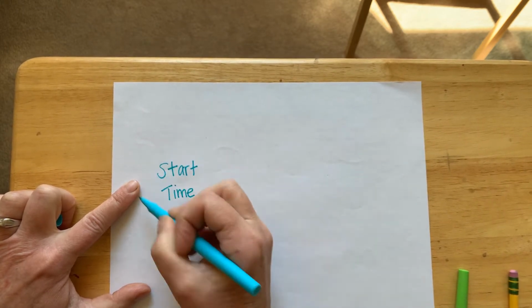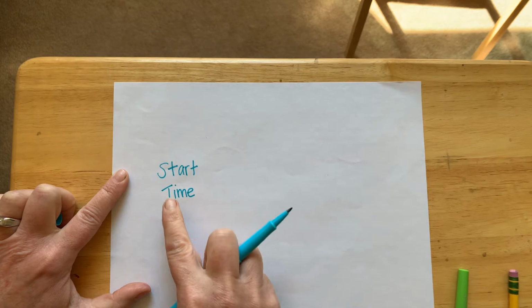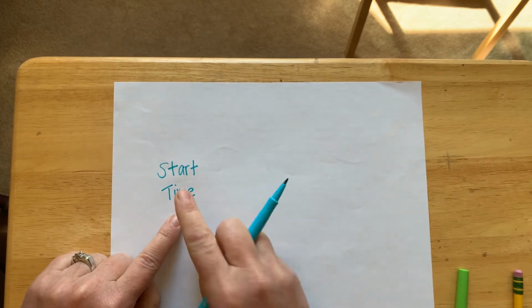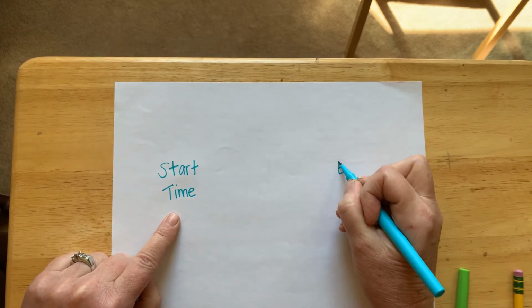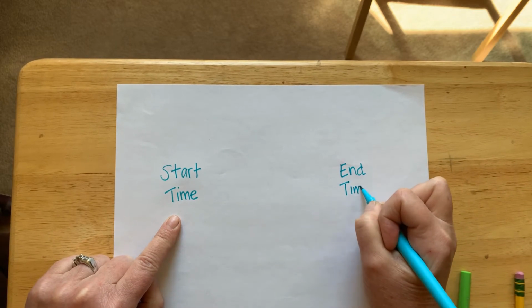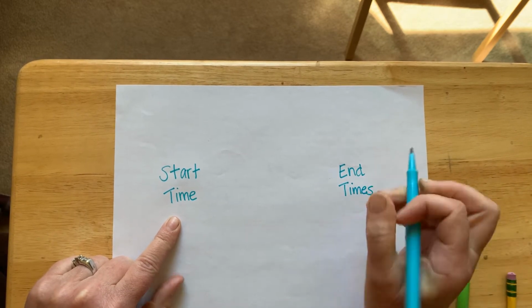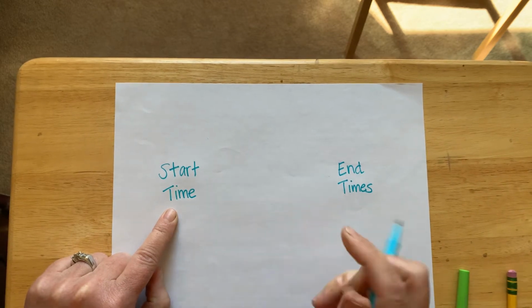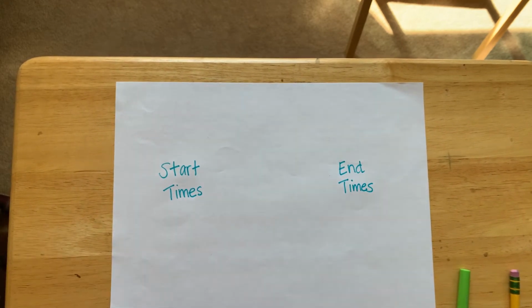Okay, so we learned to tell time to the minute, and then we were told about start times and end times. If you want to draw this, you'll have this to do your work today. Now, between the start time and the end time, we have something called elapsed time.